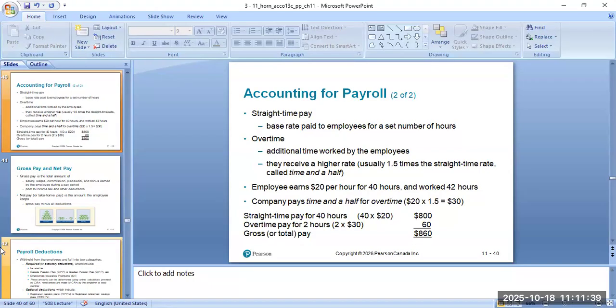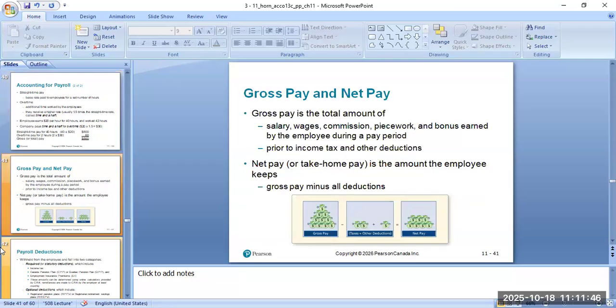Now the question is, how much is the employee going to get? Here we're getting to the point of gross pay and net pay. Gross pay is the total amount of salary, wage, commission, piecework, bonus, and anything prior to income tax and any other deductions. Net pay is the amount that the employee gets in his bank account, which means the gross minus all the deductions.